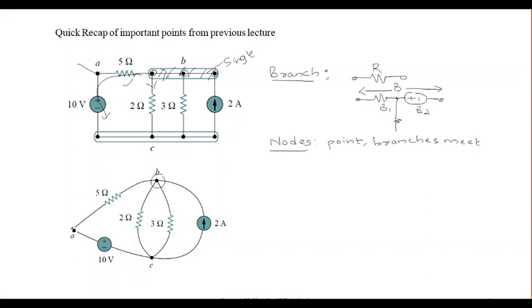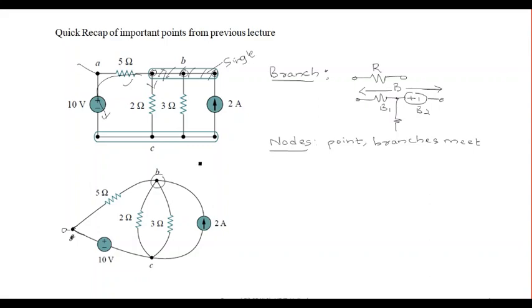If I discard this A and continue like this, it is also correct, so no need to worry. Just to make things simple initially, I have taken a node A here. Then we have a common node, node C, a point where all elements are connected except this 5 ohms.